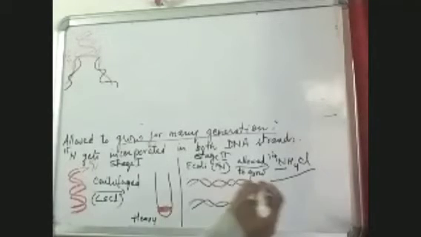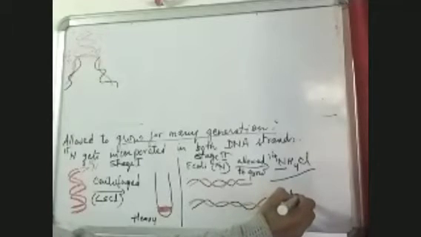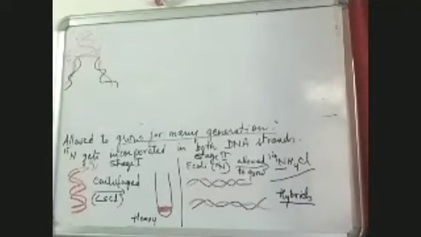These strands which are formed are known as hybrids, because one strand is N15 type, another strand is N14 type. Is it clear, children, till here? Till the formation of hybrid, is it clear?